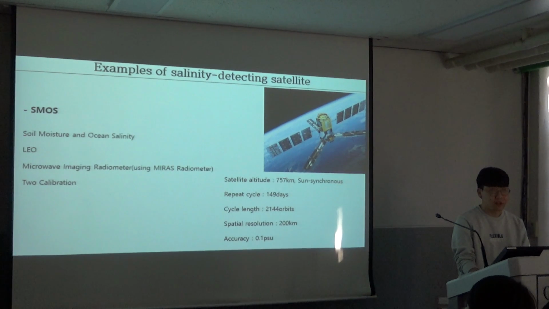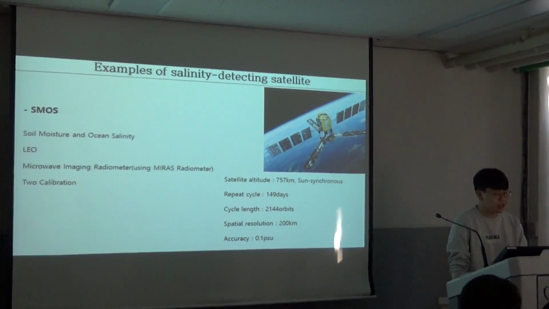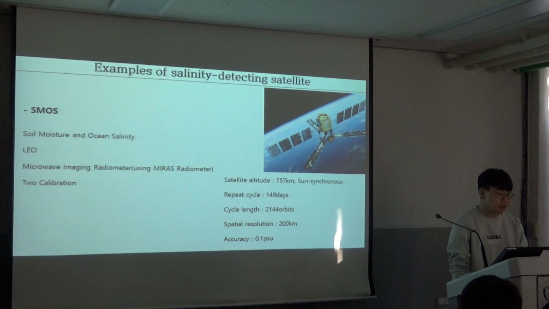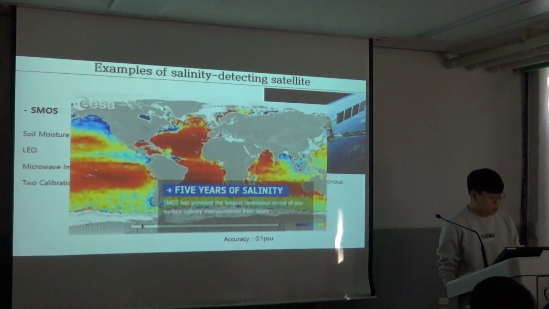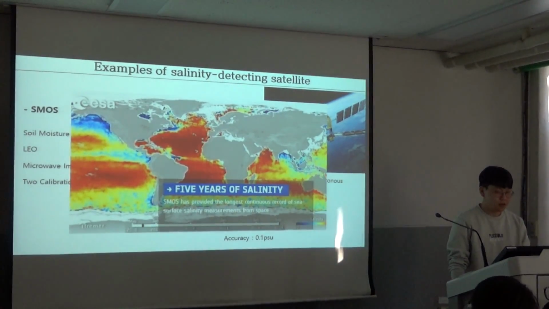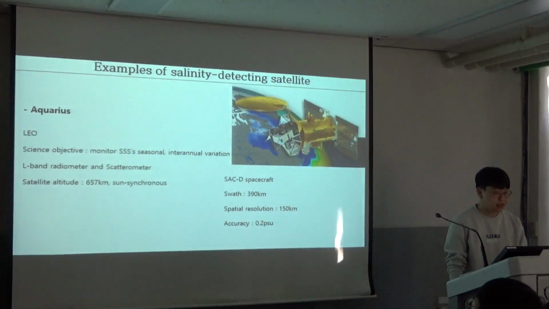It is 757 km high in the air and is a sun-synchronous satellite, and its repeat cycle is 149 days. SMOS has a spatial resolution of 200 km and detects salinity differences up to 0.1 psu. Here are some pictures for SMOS.